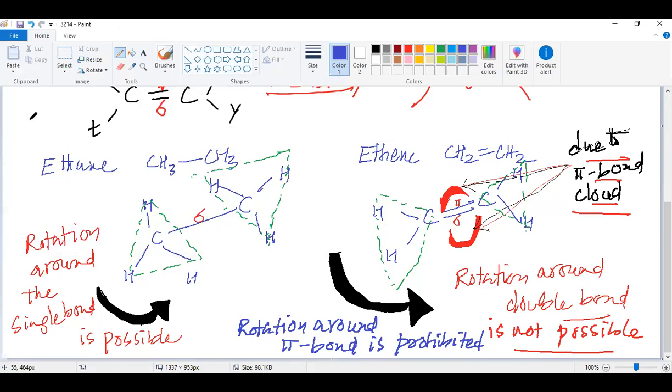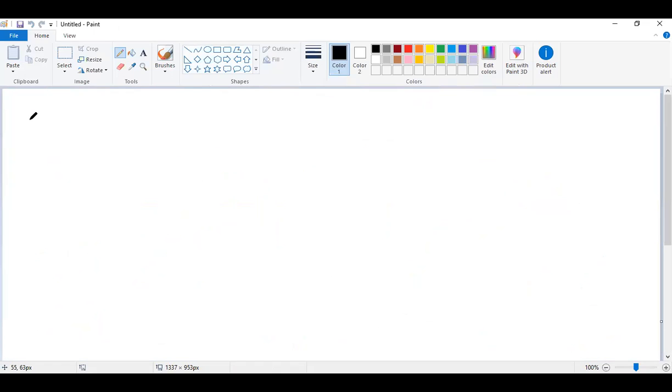this pi bond can be broken easily. What do you understand by it?